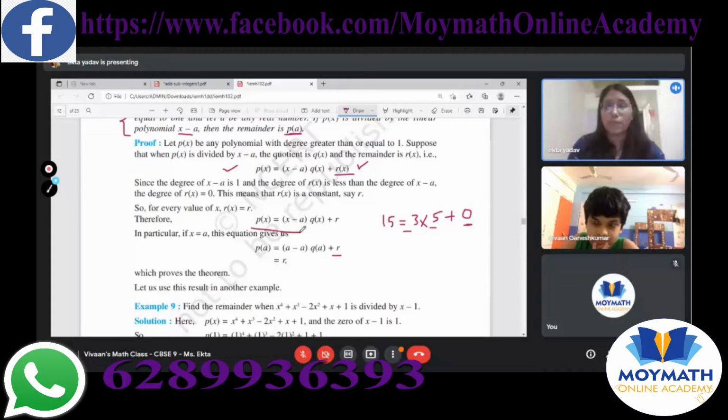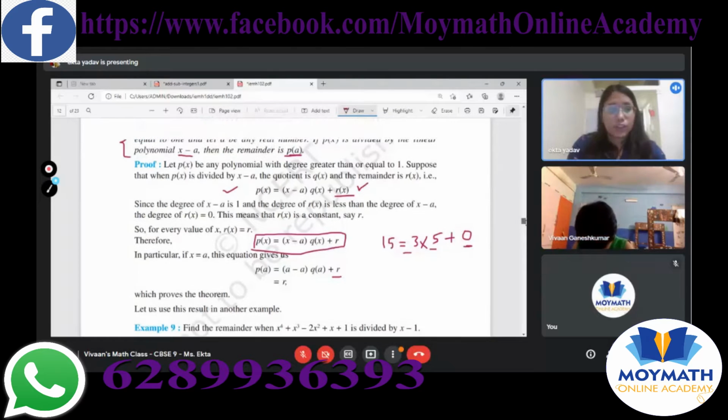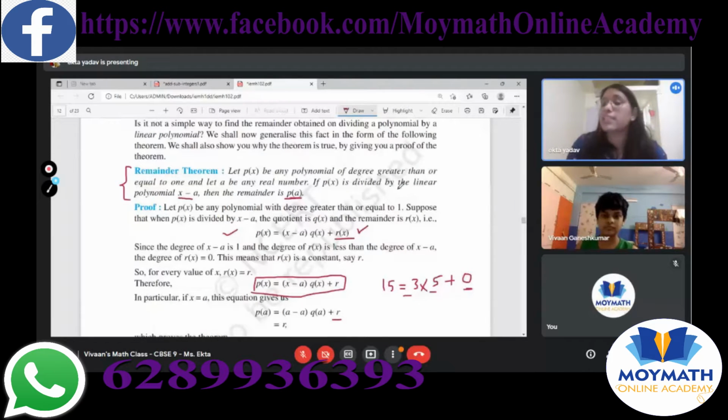Now they got this polynomial p(x) equal to (x minus a) q(x) plus r. In the last line of the theorem, they said if p(x) is divided by the linear polynomial x minus a, then the remainder is p(a). So put x equal to a in equation 1.